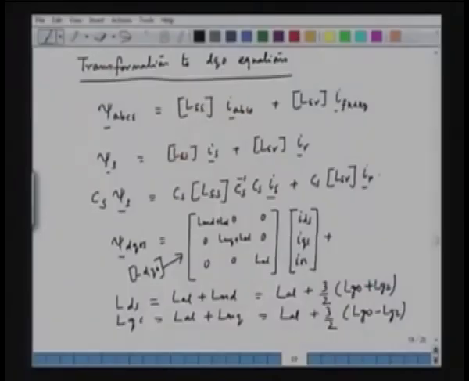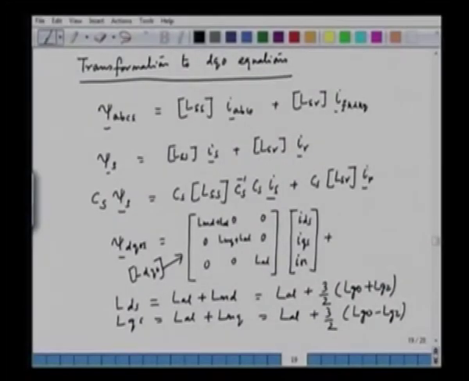That matrix has constant inductances like LMD. It is interesting because when we transform into the rotor reference frame, we see that the inductances here are constant inductances. Plus, this matrix, if you simplify, will also appear in the following fashion. The currents will also be transformed.